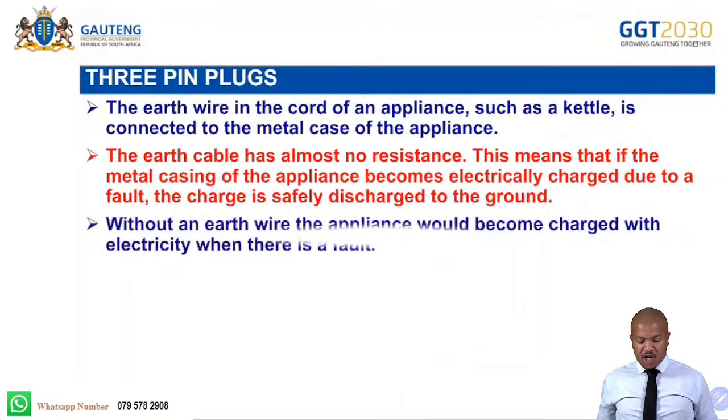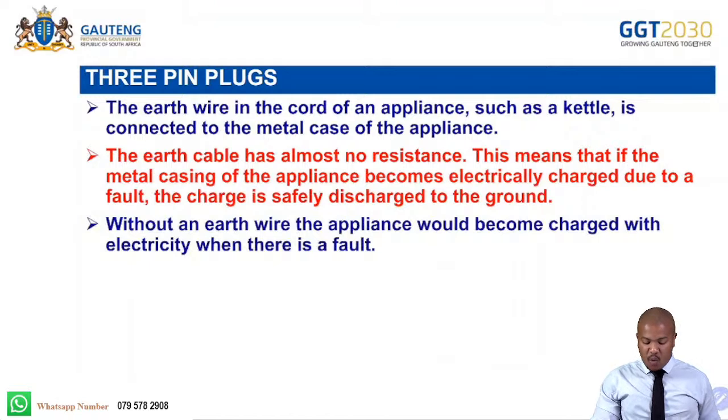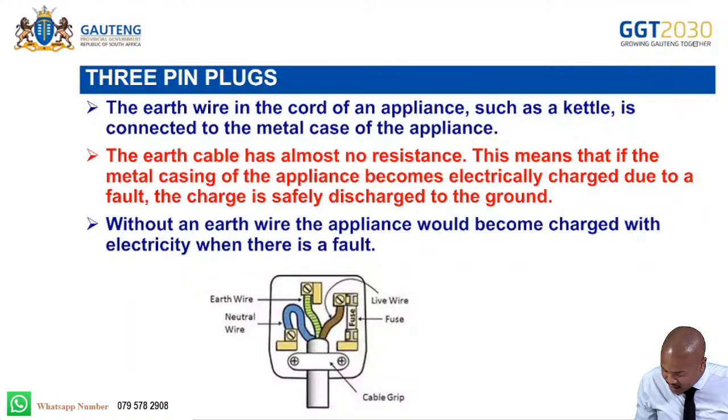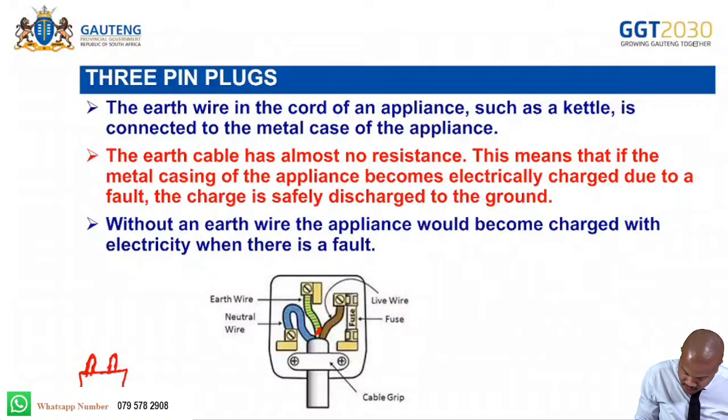Are we together? Without an earth wire, the appliance would become charged with electricity when there is a fault. So this is the earth wire that we are talking about, instead of these 2-pin plugs that look something like this, that only have a live wire and a neutral wire.